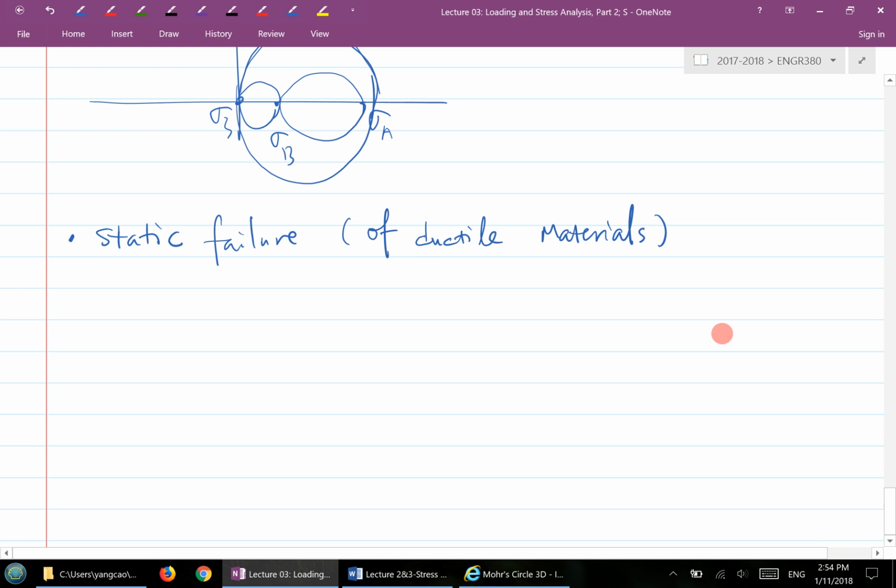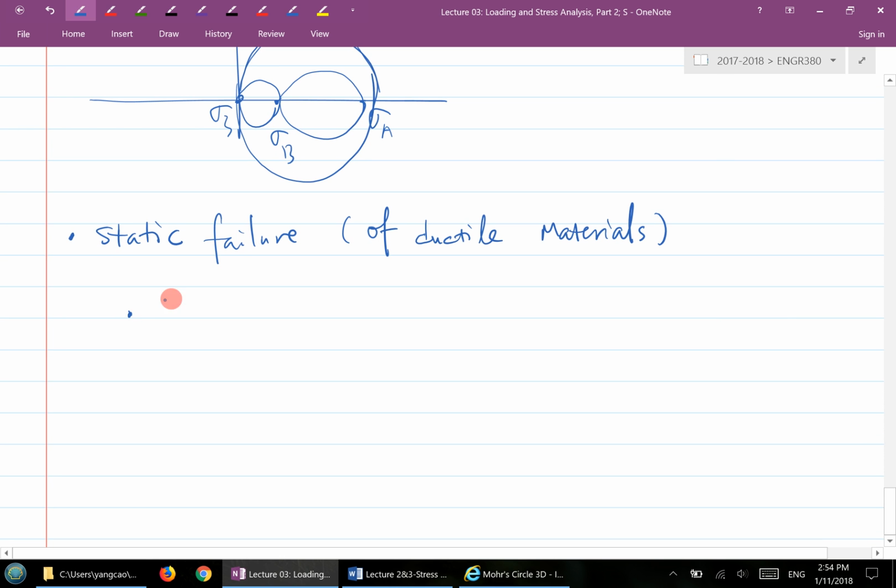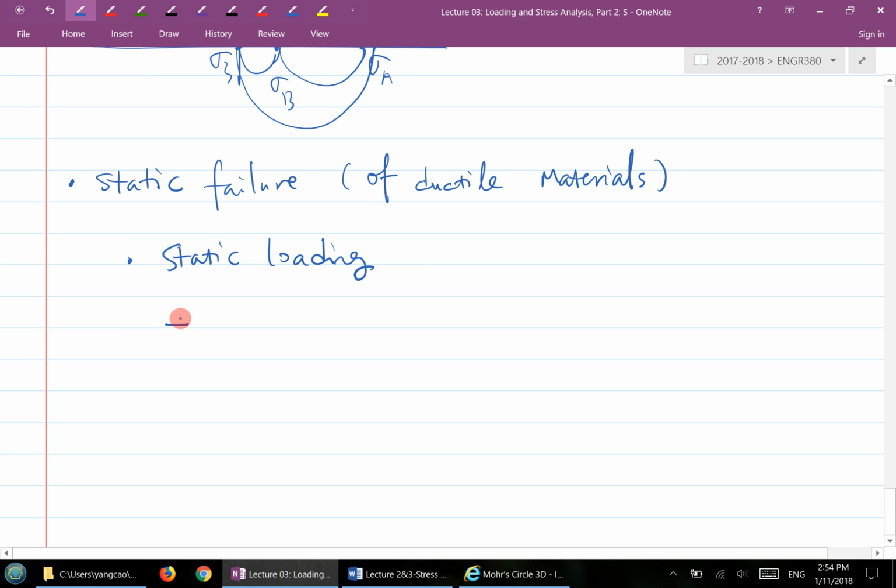Okay. So static failure. First of all, what is static failure? Static failure is failure under static loading. When you say static loading, it means there is a stationary force.